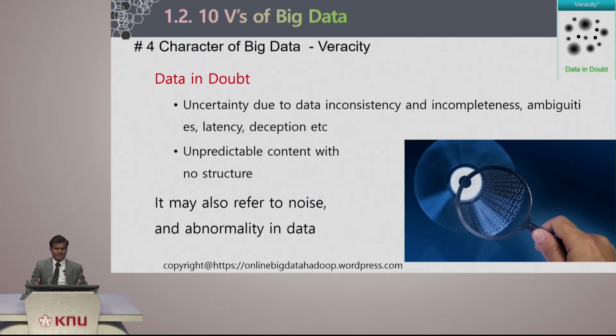When you have data, you are a little bit doubtful. Is this data really the true information? Is it well authenticated? Does this data have consistency? Is it complete, or do you have just a few pieces of information and the remaining information is missing? What is the ambiguity of this data?